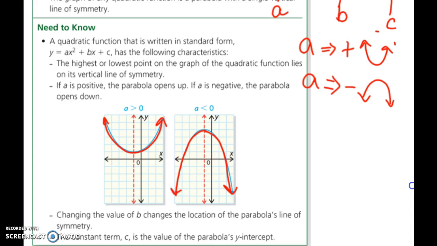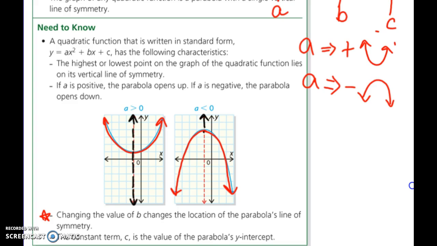The B value shows us the location of the axis of symmetry. So the axis of symmetry is this dotted line here that cuts our parabola exactly into two equal pieces. So you can think of your axis of symmetry as a mirror, because if this was a mirror, it would reflect the same image on both sides.